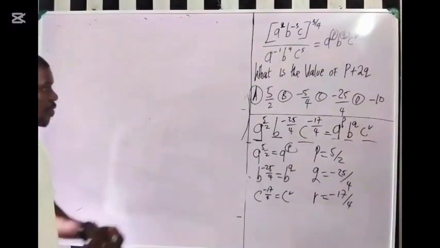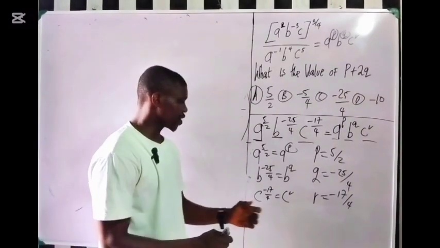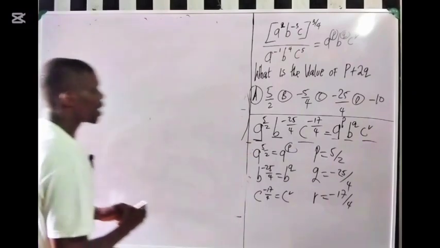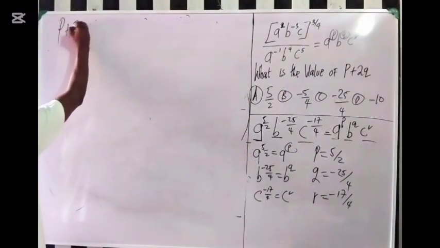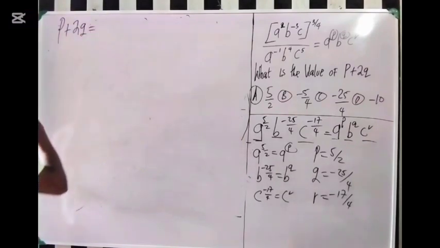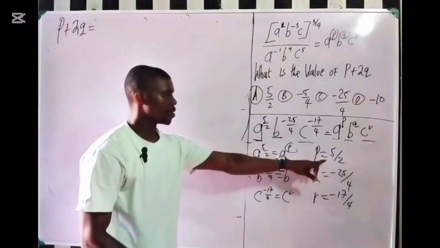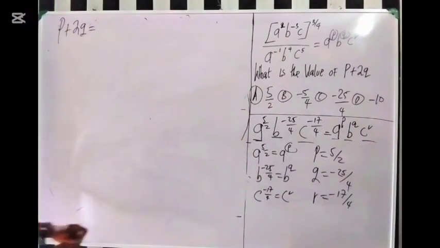So if you check very well, you should calculate P plus 2Q, right? My P is 5 over 2.